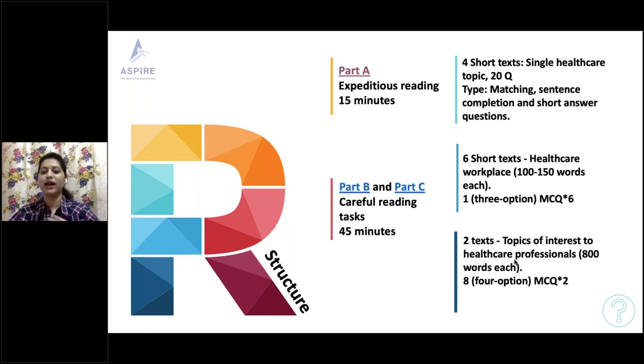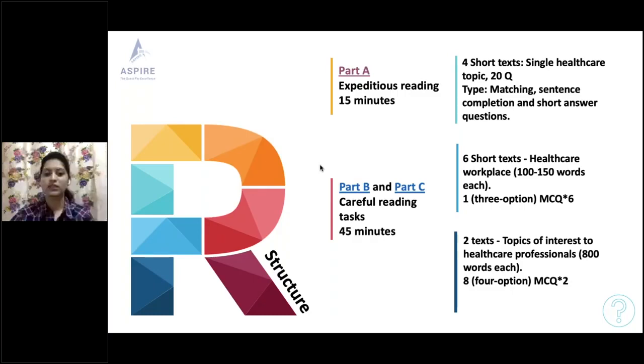Part C will have extracts that are around 800 words, and you will have 8 questions each. This will be a 4 option multiple choice question. Both part B and C are a single booklet and it will run for 45 minutes. Part B and C happen one after the other. You will have your part A and part B simultaneously during the entire reading test. Part A, on the other hand, as I just mentioned, will be collected right after it's done.